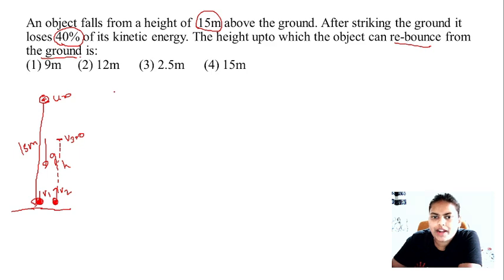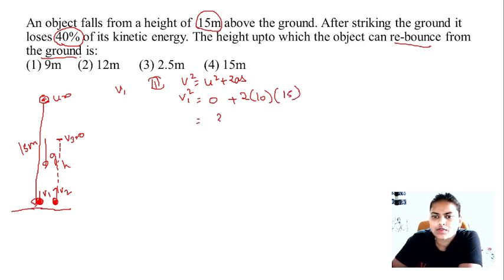To find v1, we have to use the third equation of motion, which says that final velocity square is equal to initial velocity square plus 2as. So final velocity v1 square, initial is 0, plus 2a, in this a is g, which is 10, and s is the displacement, which is 15 meters.